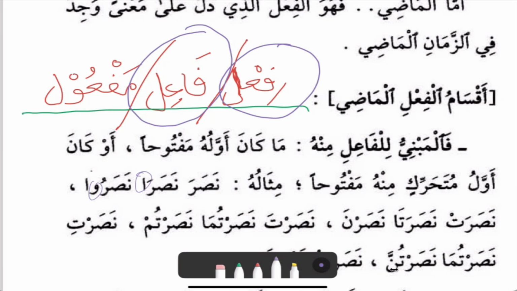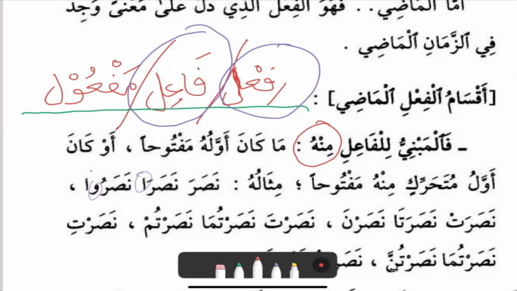So he says, فَالْمَبْنِيُّ لِلْفَاعِلِ مِنْهُ, the verb that is configured for the doer. Minhu, we need to check how to explain that. مَا كَانَ أَوَّلُهُ مَفْتُوحًا. How do you configure this verb? Its beginning needs to have a fatha. أو كان أول متحرك منه مفتوحا.